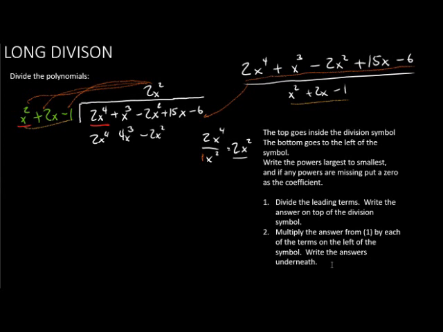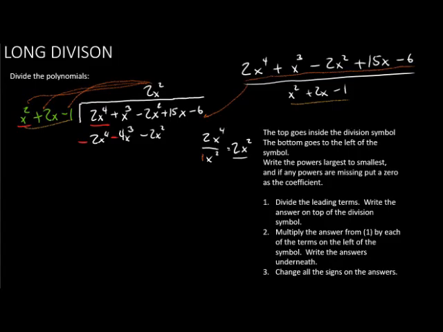Once we get those answers, for our third step, we'll change all of the signs for the answers we just got, because we will be subtracting those answers from the polynomial we started with. So underneath the division symbol, the 2x to the fourth becomes -2x to the fourth.